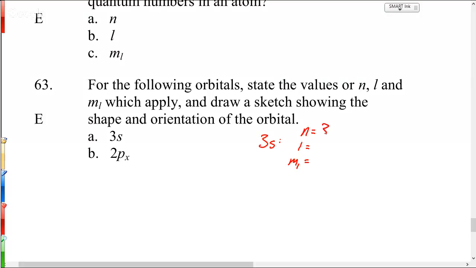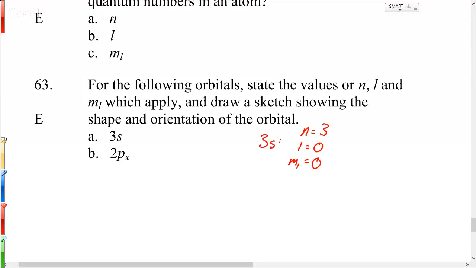What about L? 0. The s orbital is 0. And what about ML? It's only one choice for ML in this case. It's got to also be 0. ML goes from negative L to plus L. If L is 0, there's only one choice for ML, 0.